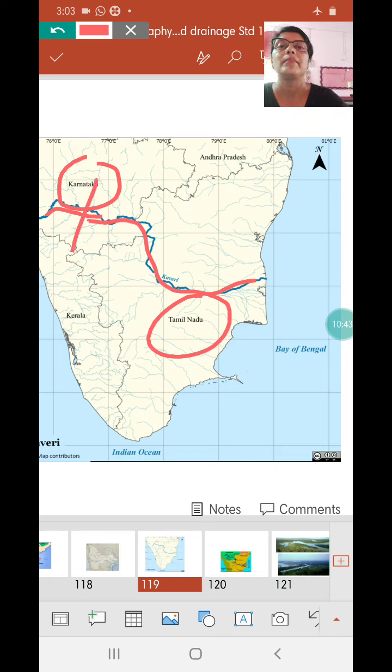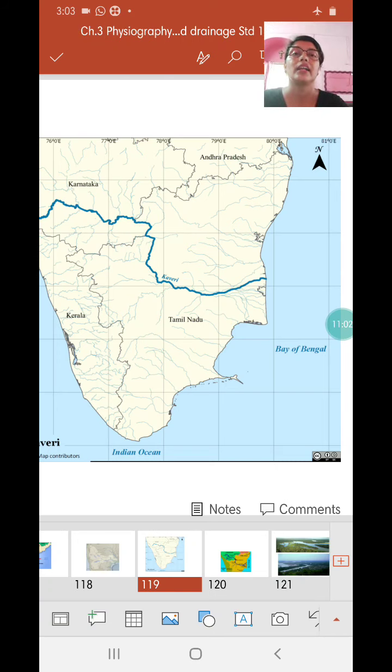Karnataka has dammed the rivers and is not allowing the flow of water into Tamil Nadu. And then Tamil Nadu needs its own share of water, and therefore they had to go to tribunal. They had to try and resolve their matters, and ultimately, now let me tell you before that why this river is so problematic for the two states.